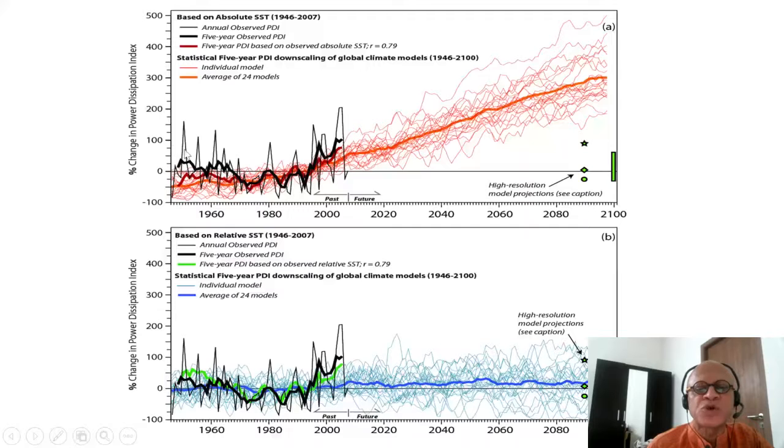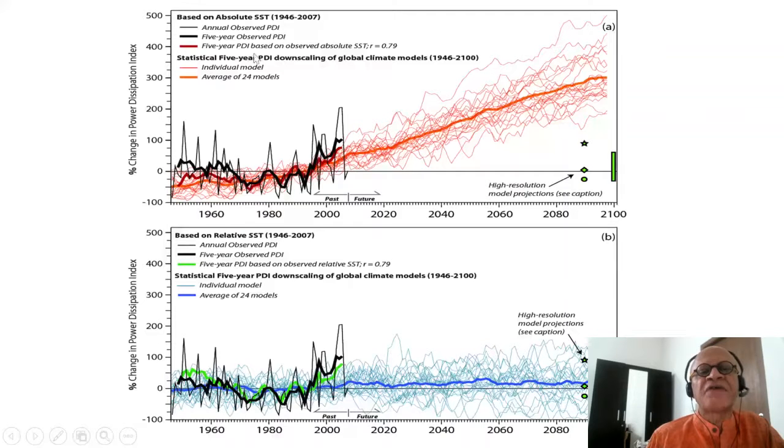Is it showing any trend? You figure it out. 5-year observed PDI, so you run a 5-year running mean, and you have a trend here which coincides with the acceleration of the warming since the 1980s. Statistical 5-year PDI downscaling of global climate models over this period. Individual models, 24 models are used, and the average of 24 models is shown here.